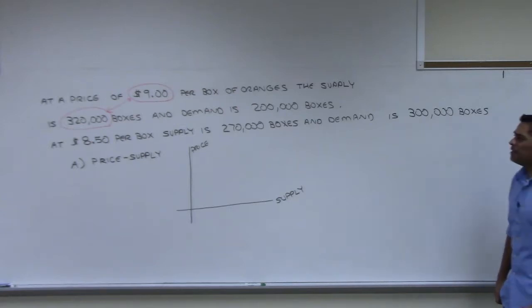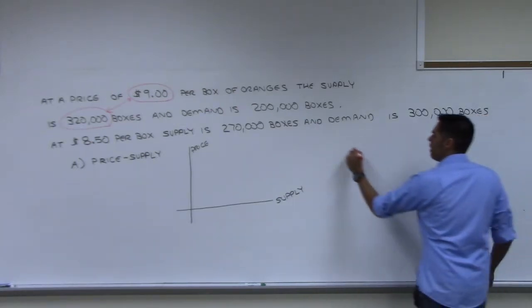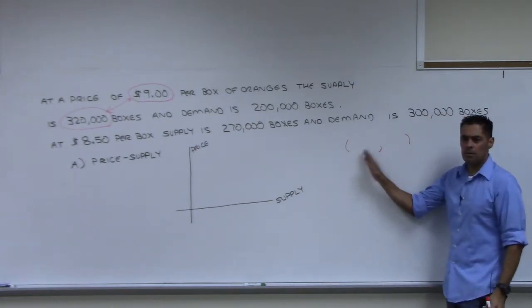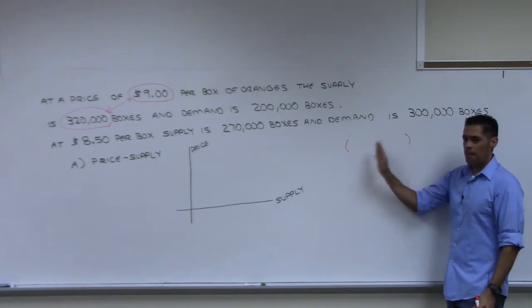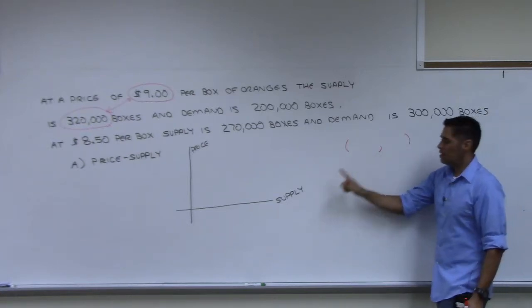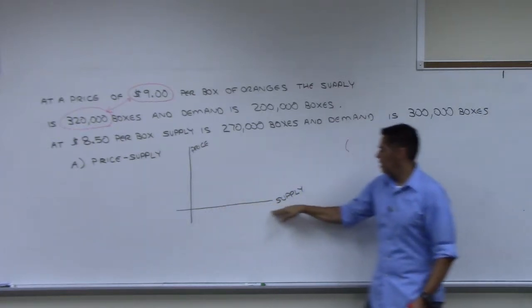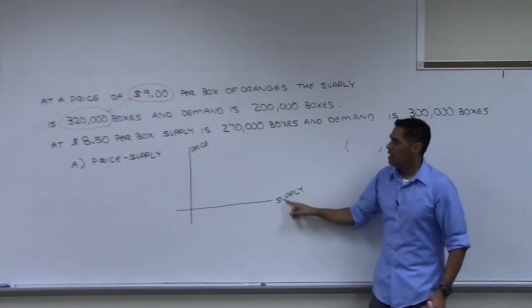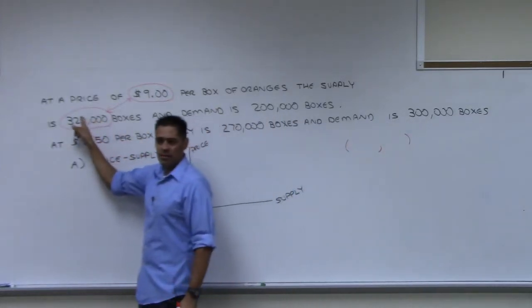Now, how could I write that as a point, as an ordered pair? What goes here? 320? Why 320? Because the x-axis, right, is this number, and that's supply, isn't it? And supply is the 320,000.